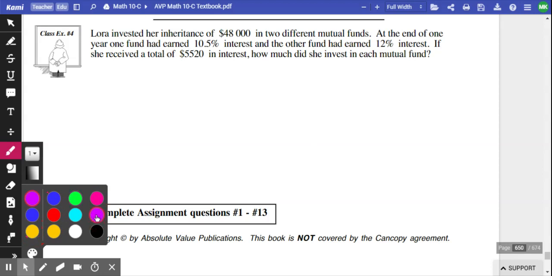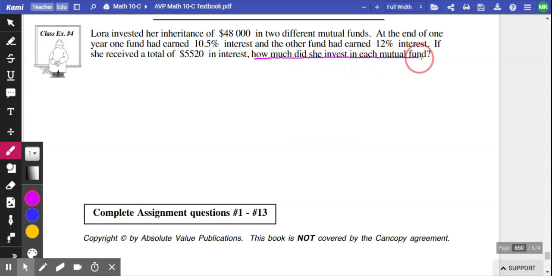The first thing we're going to do is figure out what our X and Y are for this question. The question asks, how much did she invest in each mutual fund? That might help guide what your X and Y are. X is the money in your first fund.